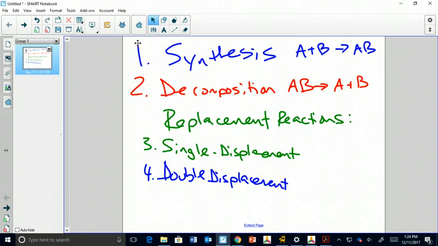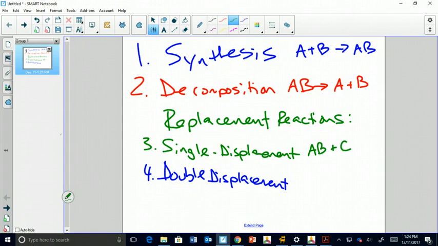So a single displacement reaction is very easy to tell. You've got a compound, and then there's an element all by itself. And when the reaction occurs, the single element breaks apart the compound and partners up with one of the pieces and leaves the other one all by itself. So if C is a metal, it's going to kick A out of the way, because remember, in a compound, metal always goes first, right?